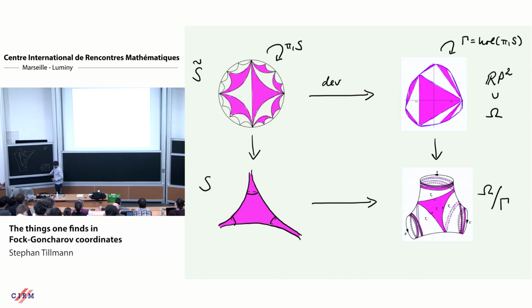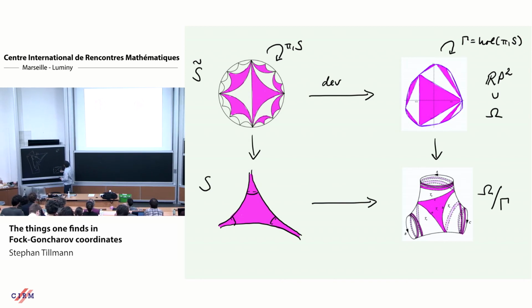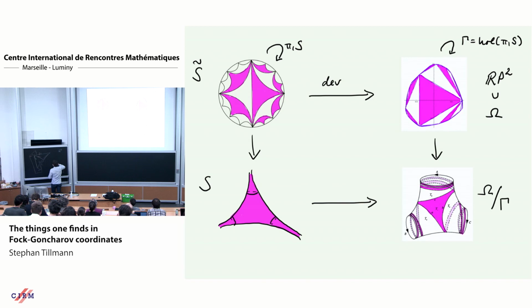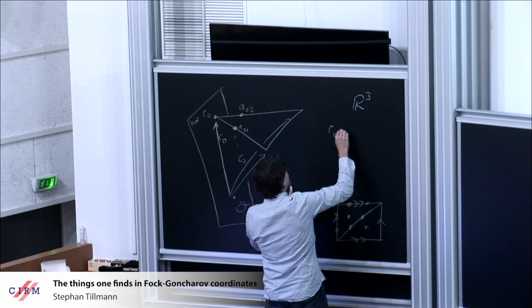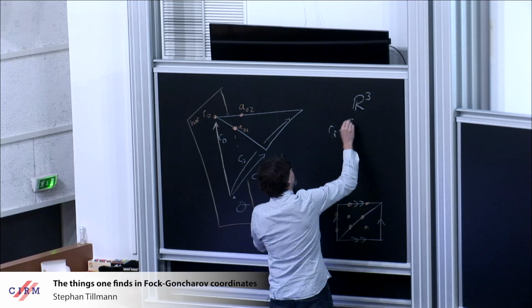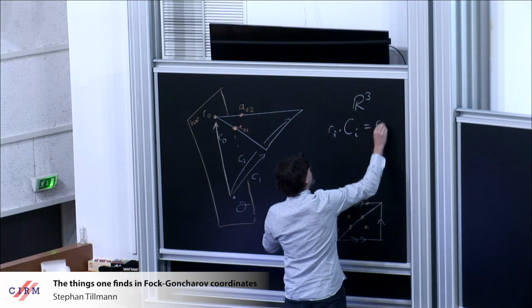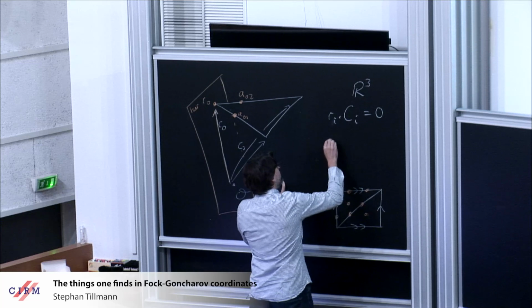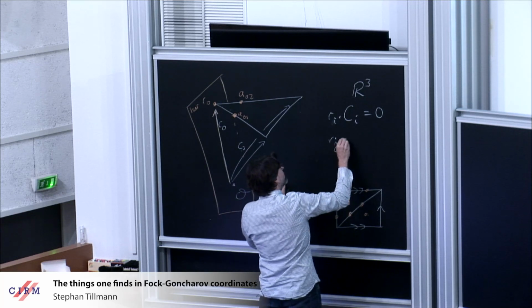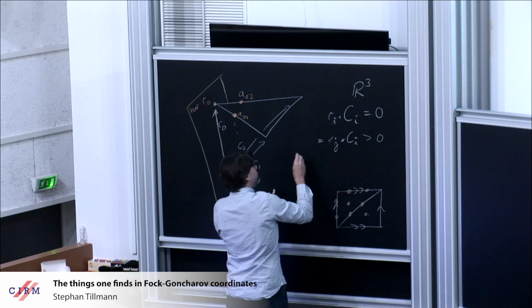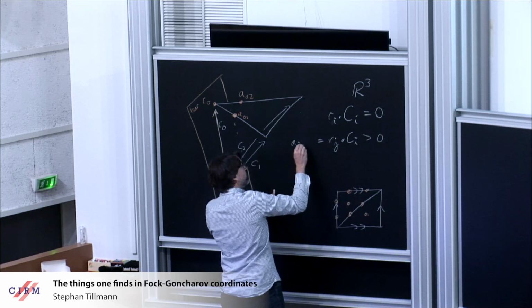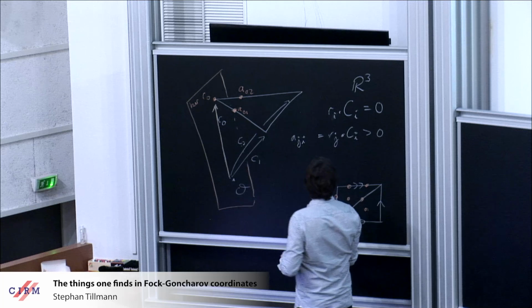Okay, so what you want is you have these numbers, and what you want is that always Ri evaluated on Ci is 0, and Rj evaluated on Ci is bigger than 0, and this is supposed to be your coordinate Ji.